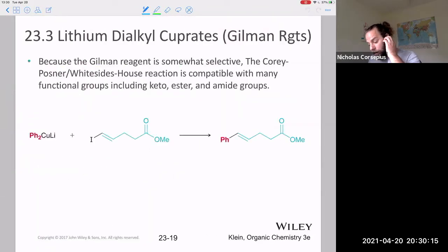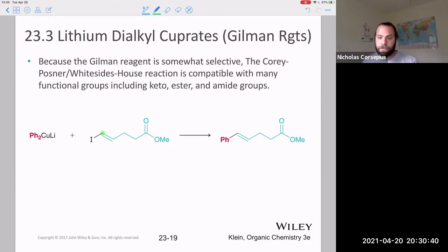The other nice thing about these reactions is that they're very specific to the reactions of the alkyl halide group, right? So there are some other functional groups that you can include on the alkyl halides that aren't going to be reactive with your Gilman reagents. So an ester is not reactive. Remember, an acyl chloride is, but an ester is not.